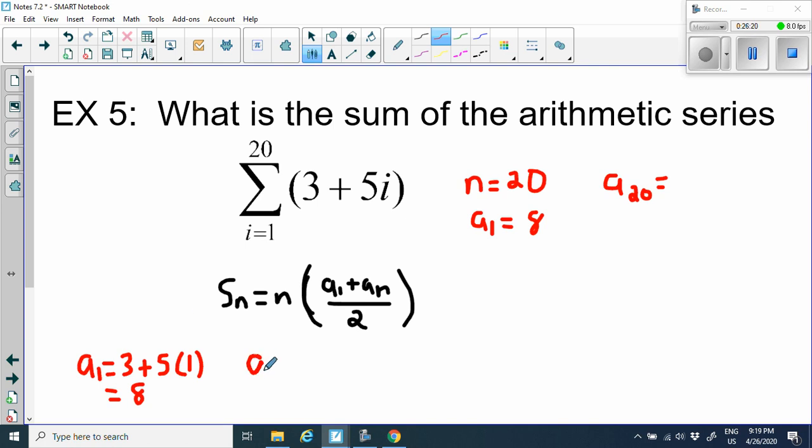So I have a sub 20 equals, and I'm still going to use that rule, 3 plus 5, and I multiply by 20. So that's going to be giving me 103.